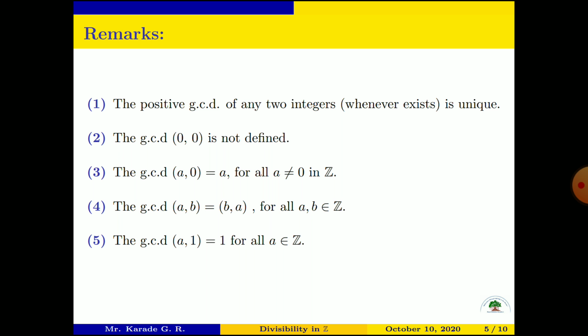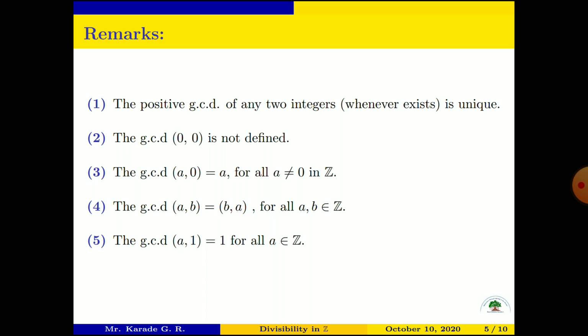The greatest common divisor of any two integers is only one. It is unique. The GCD of 0 with 0 is not defined because the definition of GCD says that the GCD of two non-zero integers exists.